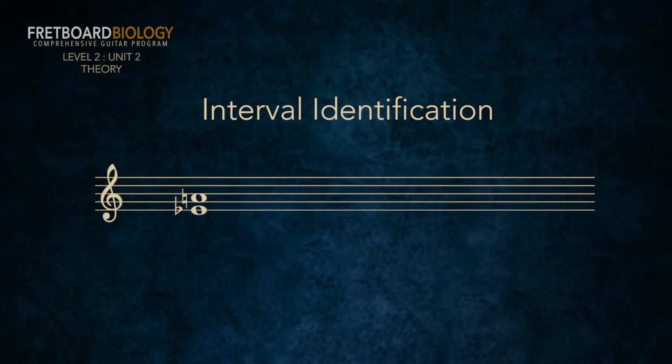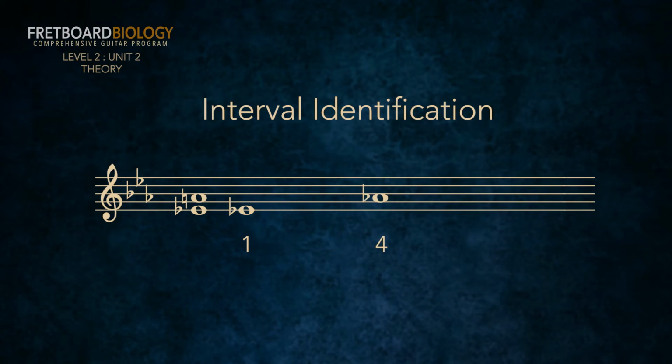Let's do another one. We now have E flat and an A natural above it. We know that the E flat major key signature is 3 flats. That's B flat, E flat, and A flat. We see the quantity of the distance between E flat and A natural is a fourth. 1, 2, 3, 4. In the E flat major scale, the A is A flat.